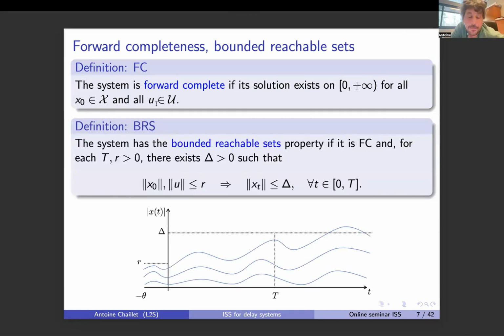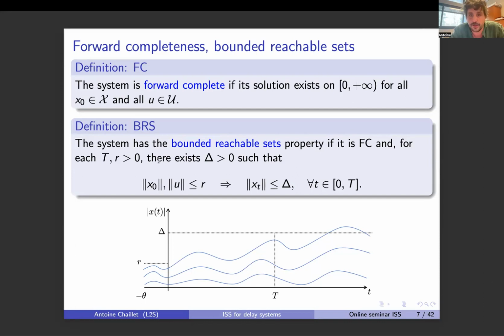A more demanding, apparently more demanding assumption is the bounded reachability set property. It requires not only that the system is forward complete, but that the set you can attain starting from a bounded set of initial states is bounded over any bounded interval.